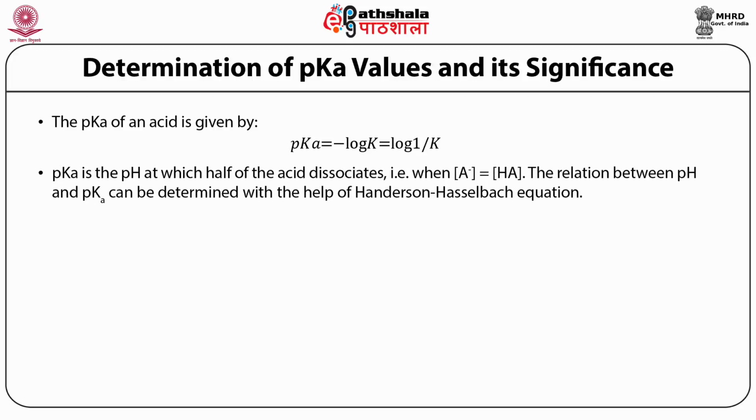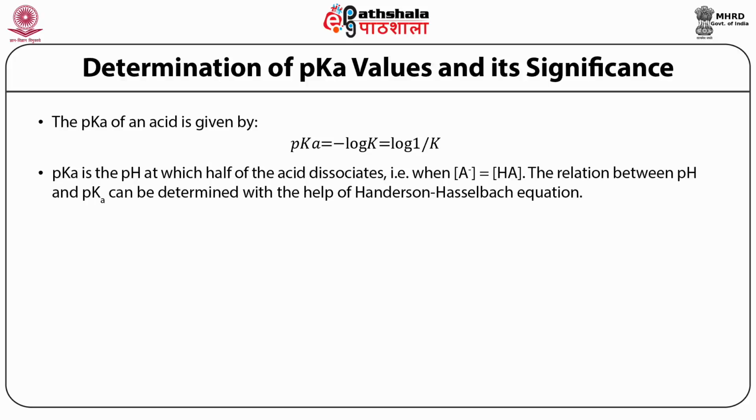For example, if you take 100 molecules of HA and put them at a pH equal to its pK, then HA exists 50% in ionized form. That means out of 100 HA, we have 50 HA and 50 A-.